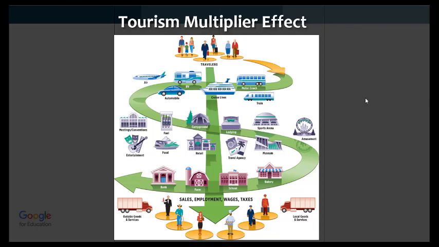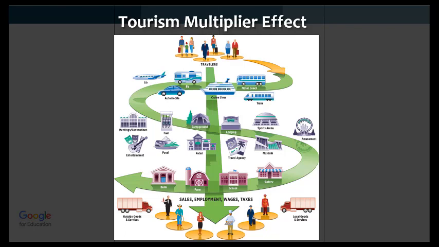Now, an event normally has a multiplier effect, what we call a tourism multiplier effect, because creating an event coordinates with a lot of direct and indirect industries.